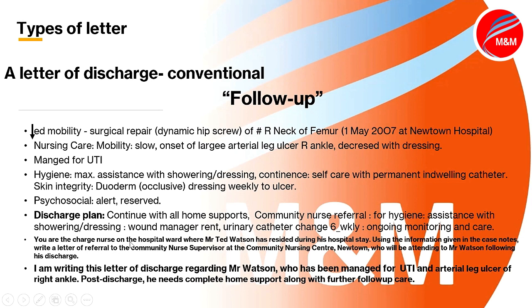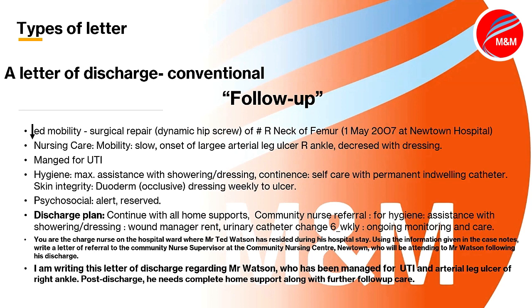So you are a charge nurse on the hospital ward where Mr. XYZ has resided during his hospital stay. Using information in the case note, write a letter of referral to the community nurse supervisor at the community nursing center who will be attending Mr. Watson following his discharge. So though it's written a letter of referral, it's basically a letter of discharge, right? It's basically a letter of discharge.